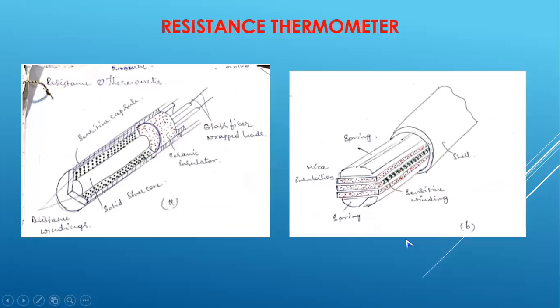Next, very, very important. All of you write down the diagram. I will give the notes anyway, but all of you write down the question: explain briefly with a neat sketch the resistance thermometer.